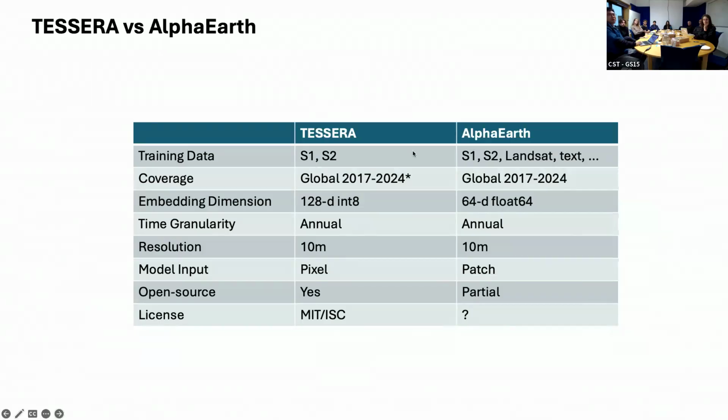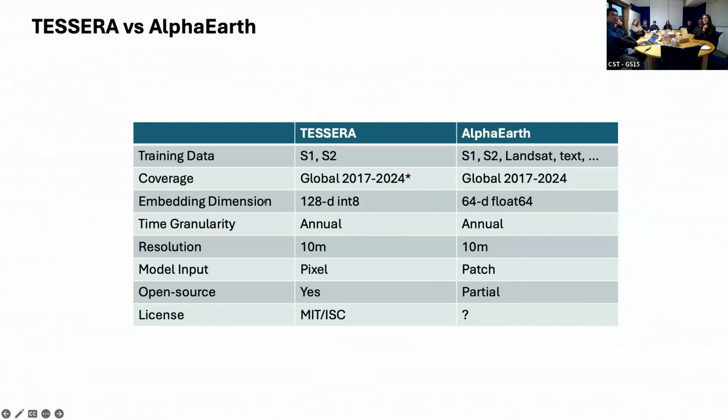TESSERA is quite simple. For coverage, we both want to achieve global coverage from 2017 to 2024. But I have an error mark here because right now we haven't achieved that. So we're still trying really hard to achieve this goal. But because they're Google, they've done this before, so they have already achieved this. But yeah, we're trying really hard.